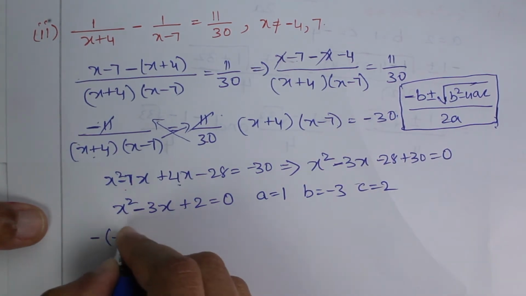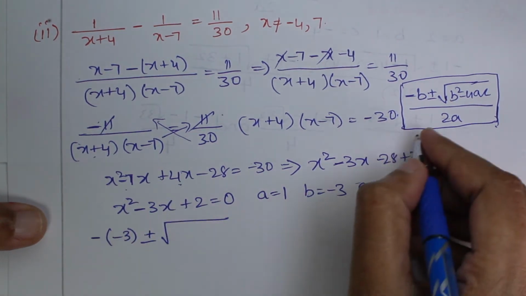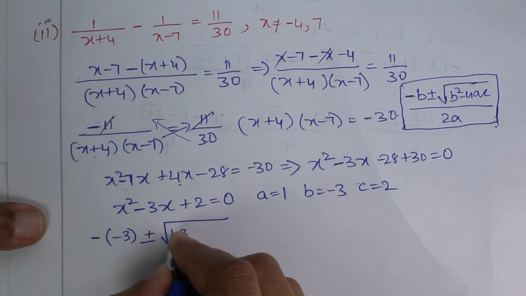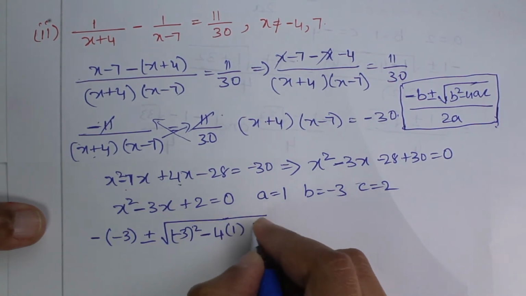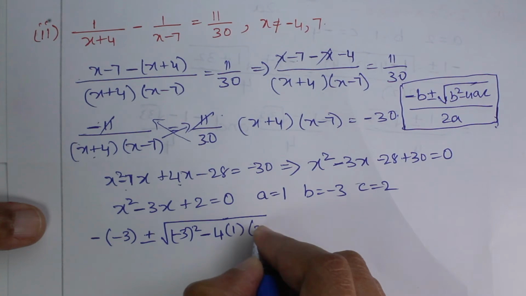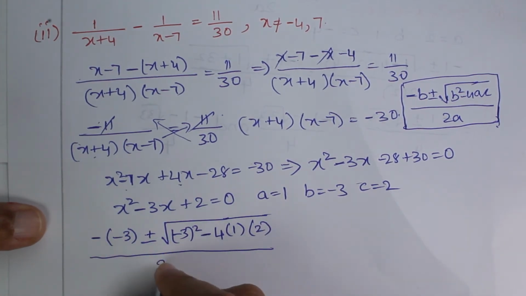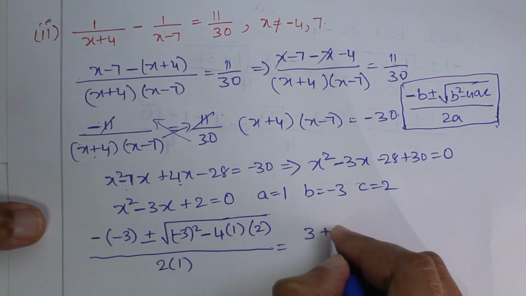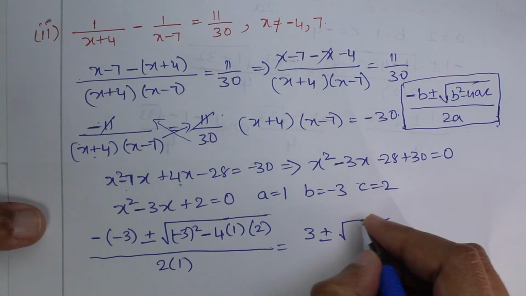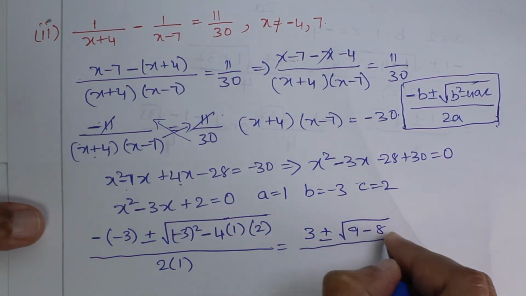Minus of minus 3 plus or minus square root of b square is minus 3 whole square, minus 4 into a is 1, c is 2, divided by 2a, 2 into 1, that is equal to minus of minus 3 is 3 plus or minus square root of b square is 9 minus 4 into 2 is 8, divided by 2.